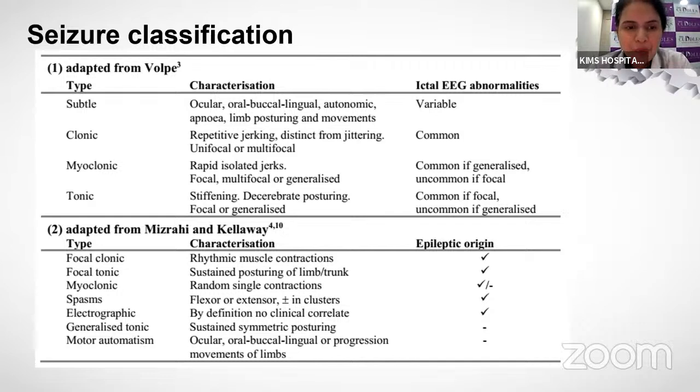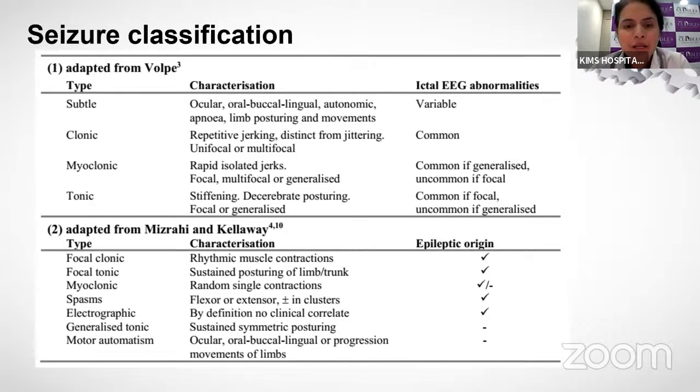There can be various types of subtle seizures, starting with ocular seizures. We may have persistent conjugate deviation of the eyes to one side, or persistent staring of the eye. These are the 2 characteristic patterns of ocular type of subtle seizures.